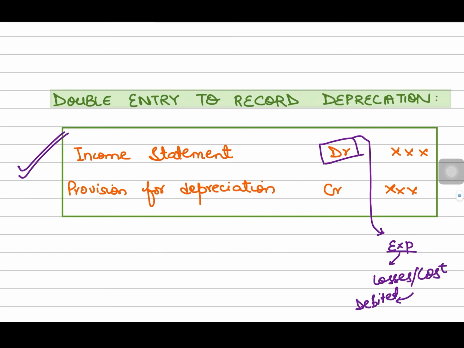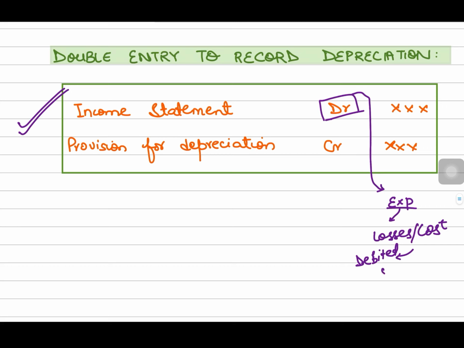Anything that is debited in the income statement reduces your profit. So, that is why it shows a reduction in the profit by debiting the current year depreciation calculated at the year end. It is recorded as a debit entry in your income statement, and provision for depreciation is credited against it.